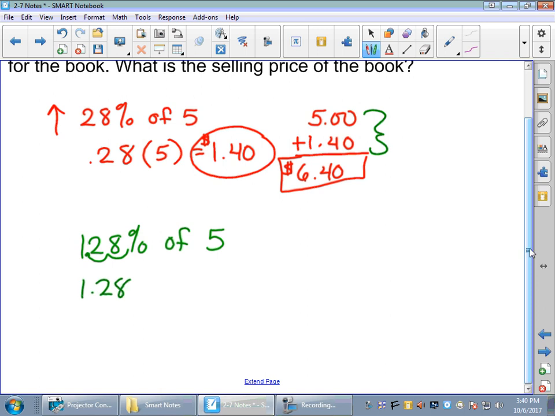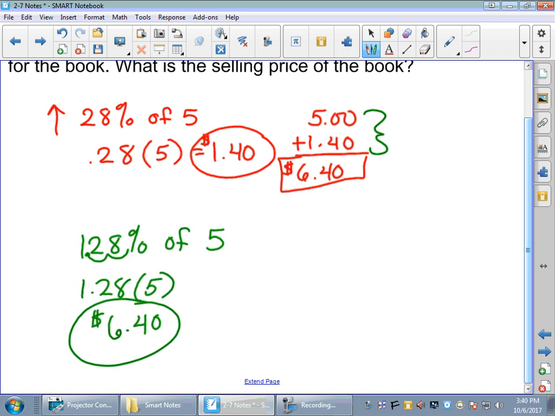So 1.28 of 5. And then when I do that math, 1.28 times 5, I get 6.4, which is $6.40.